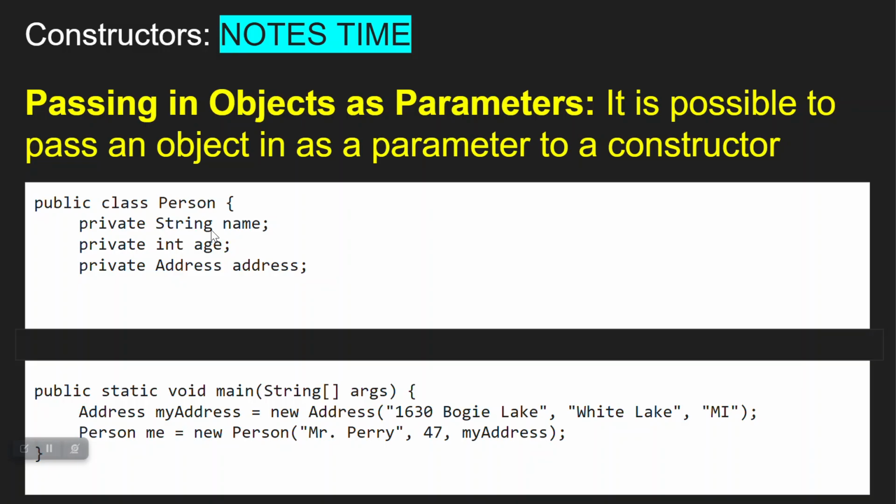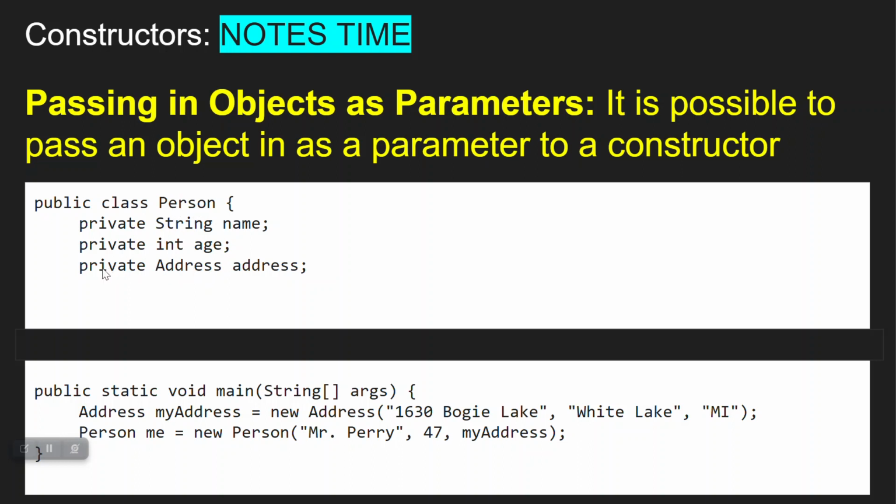So either strings or ints or booleans or doubles. But check this out, private address. So you can see right here, address is capitalized. So that means there must be another class called address that is storing addresses for each person.